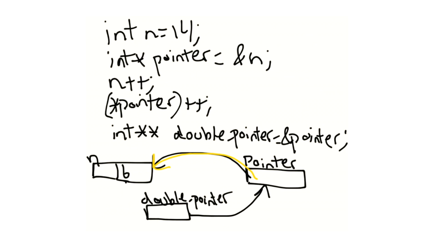Notice the type of double pointer, an int star star. N was an integer. Pointer stored the address of n, and so has type int star. Now, double pointer stores the address of pointer, so it has type int star star.